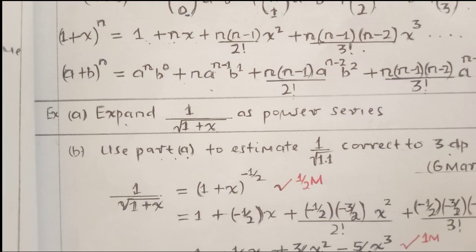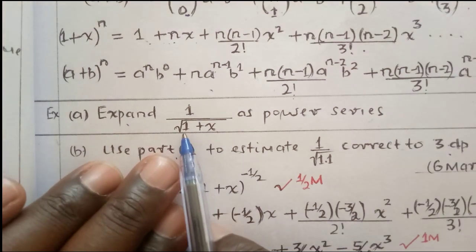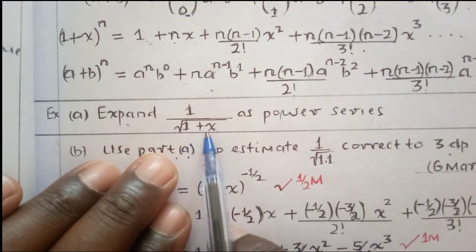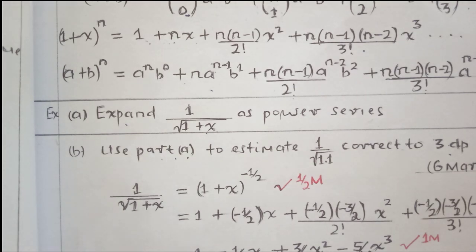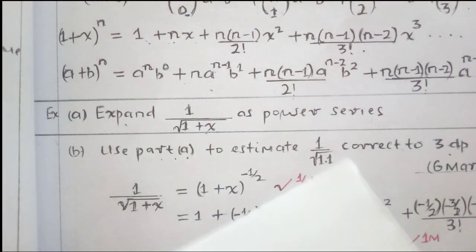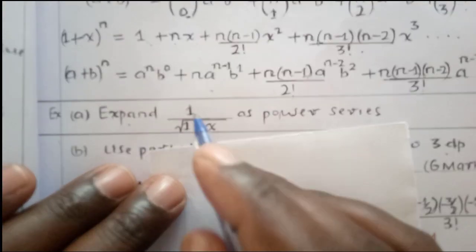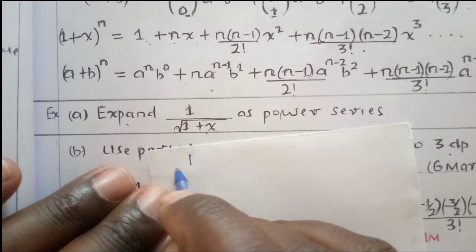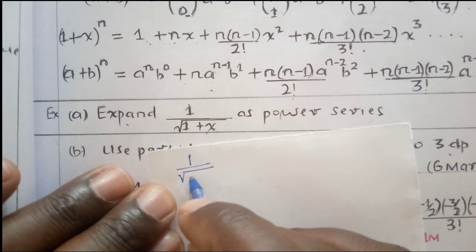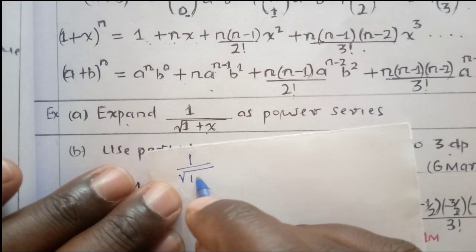Expand 1 over square root of 1 plus x as a power series. So let's see how we can expand that using our general binomial expansion. Here it will be 1 all over square root of 1 plus x.